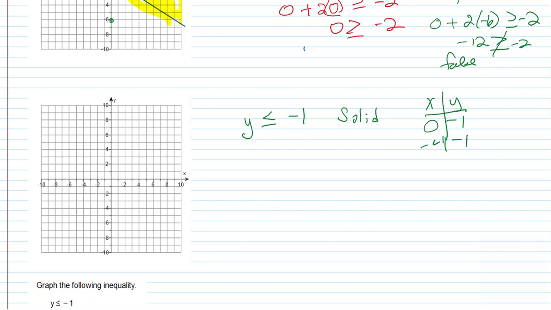So I have 0 and -1, and then -4 and 0, and I got it on the wrong line. And then I will draw my line. The horizontal line, and it's solid.